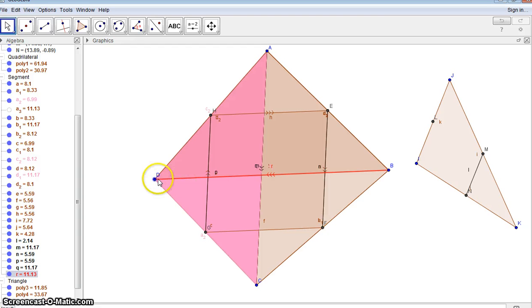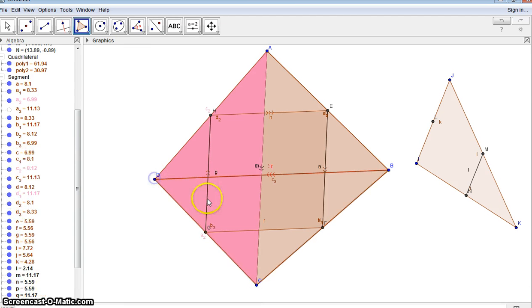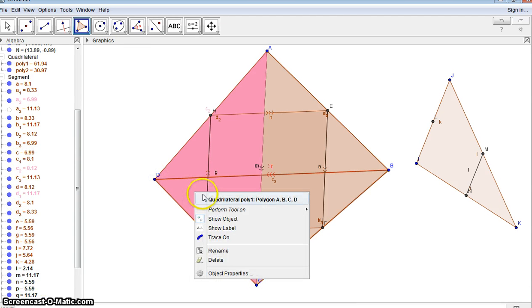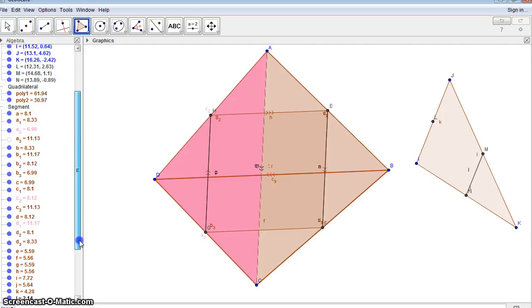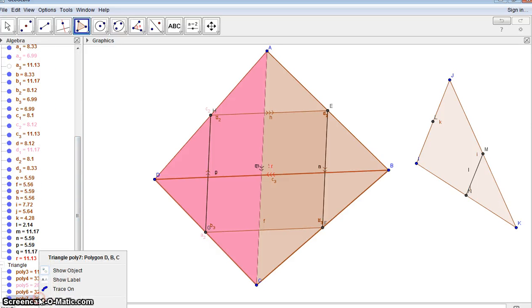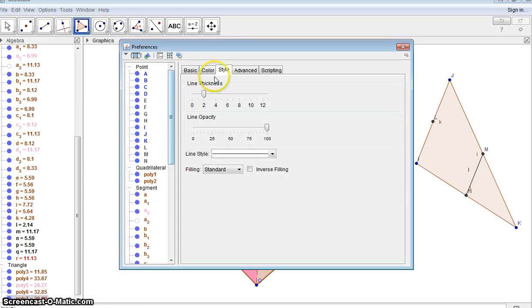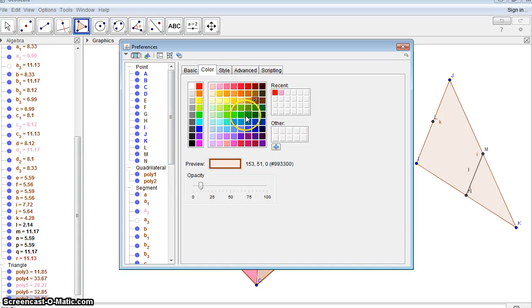Is it also true that triangle DBC exists? I need the polygon tool. Let's make it a new color. Purple, maybe?